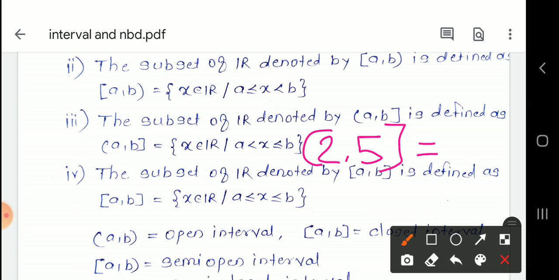Now this set contains the elements which are strictly greater than A, that means greater than 2, which is 3, 4, and X less than or equal to B, it can be equal to B. That means this set contains the elements 3, 4 and 5.